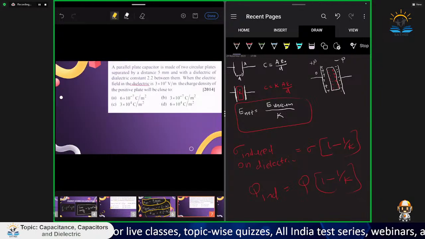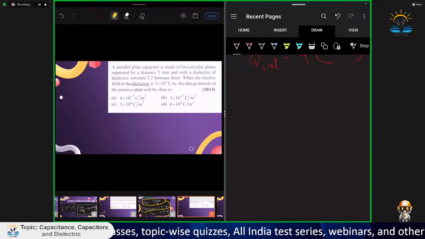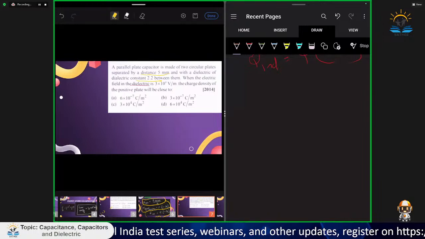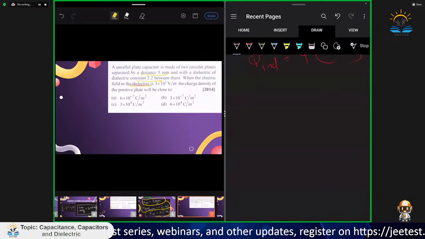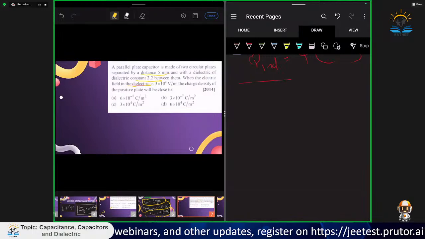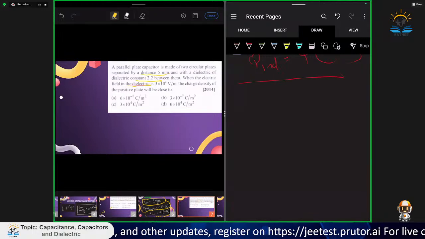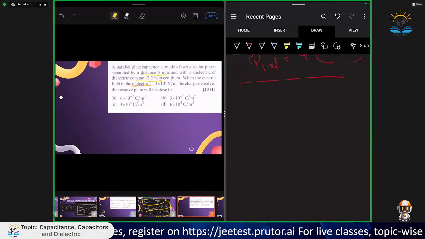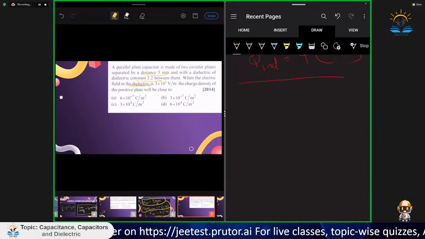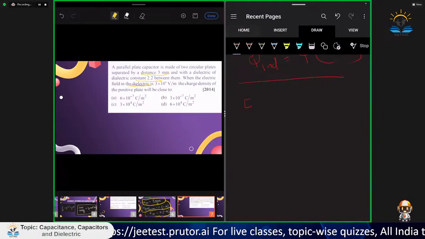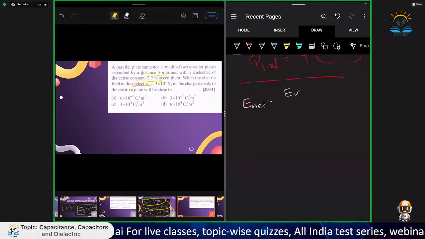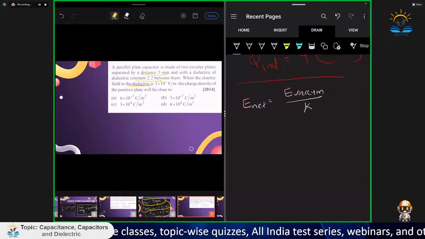See, a parallel plate capacitor is made of two circular plates separated by distance 5 millimeter. Distance is given, and the dielectric constant K is given. When the electric field in the dielectric is 3 into 10 raised to 4, the charge density of the positive plate will be close to what? We know that electric field in the dielectric, that is E net, is equal to E vacuum divided by K. What is E vacuum?